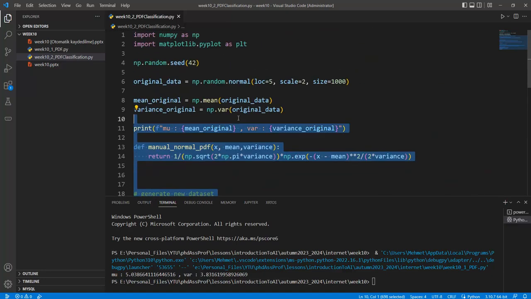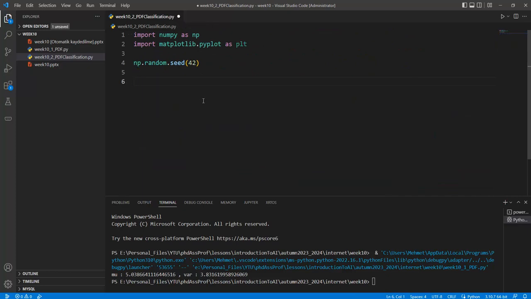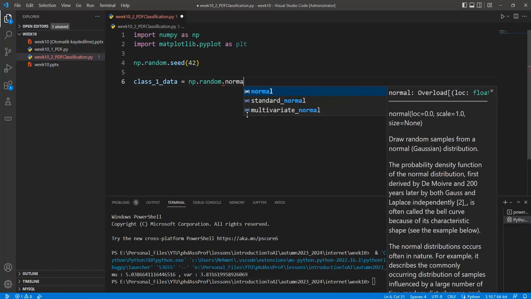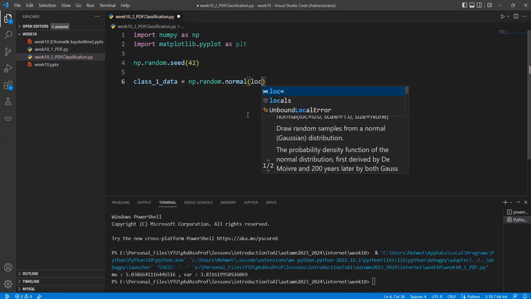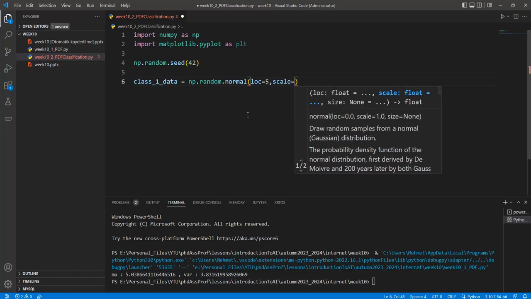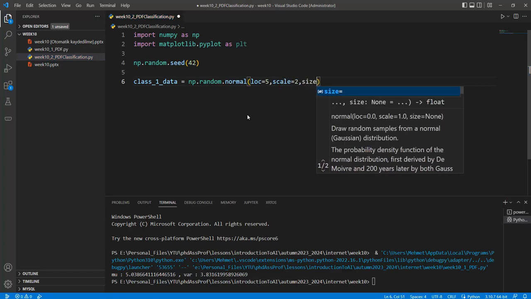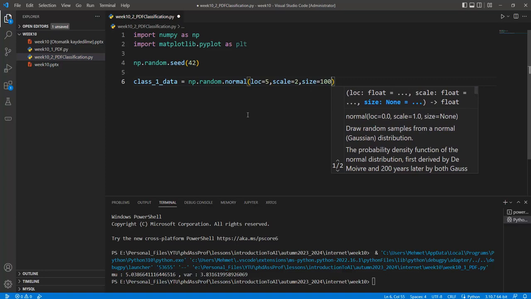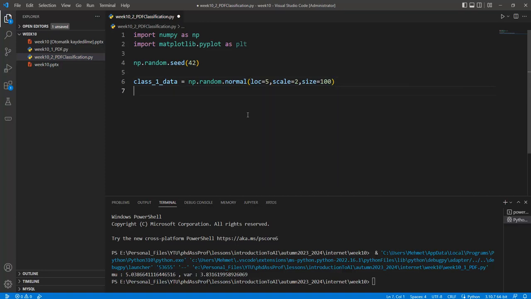Okay, so this time the np.random.seed should also be given in here. Class 1 data should be assigned with np.random.normal, location 5, scale (standard deviation) 2, and size 100. Okay, this is class 1.